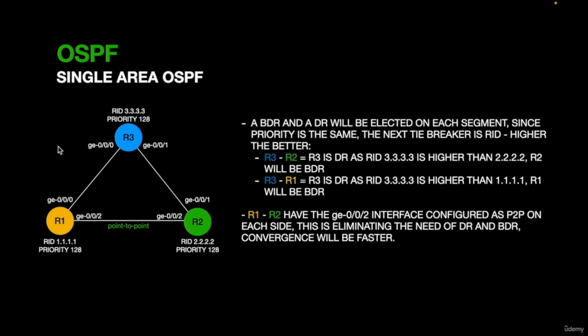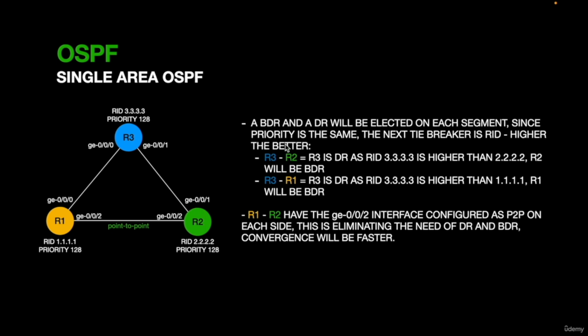In this case, the designated router and the backup designated router will be elected on each segment. So let's say that on this segment we'll have R1 as the DR and R3 as the BDR, and on this segment we'll have R3 as the DR and R2 as the BDR.